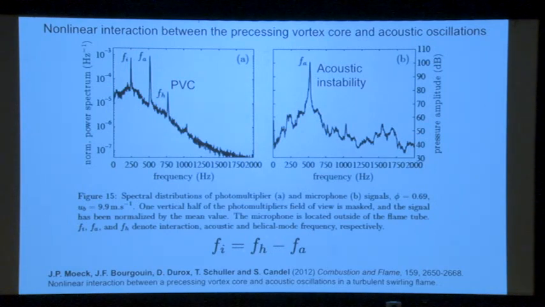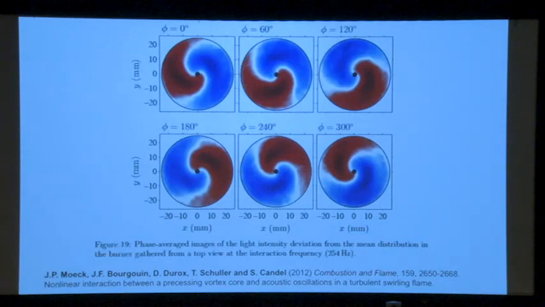It's interesting to see that you get this very nonlinear effect. And if you look at the features, you see, this is a single injector. You're able to produce phase average images of the light intensity deviation from the mean distribution in the burner, gathered from above, and you have a yin and yang behavior at this interaction frequency.